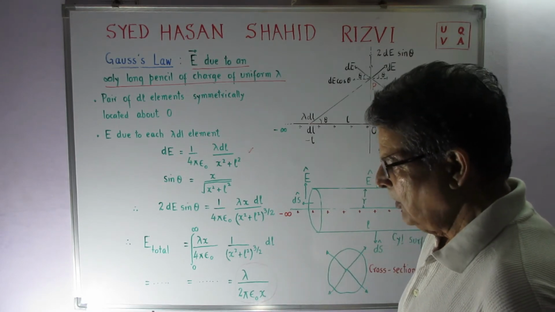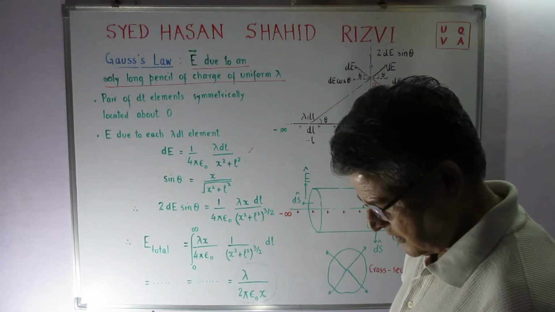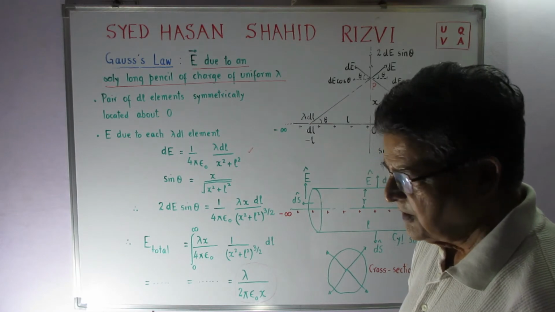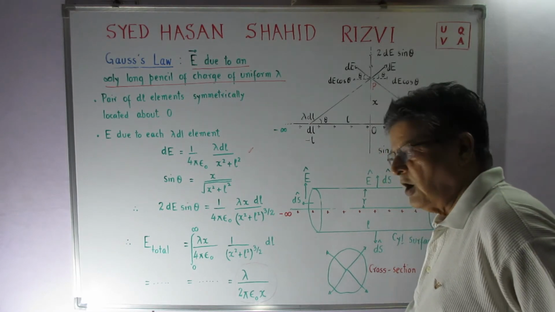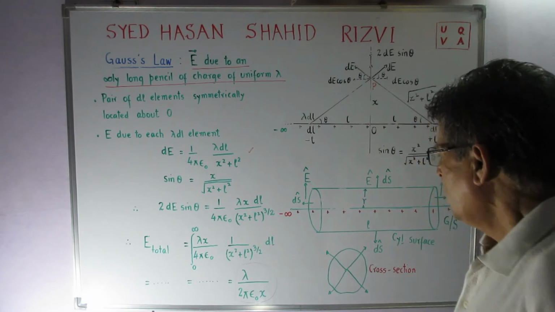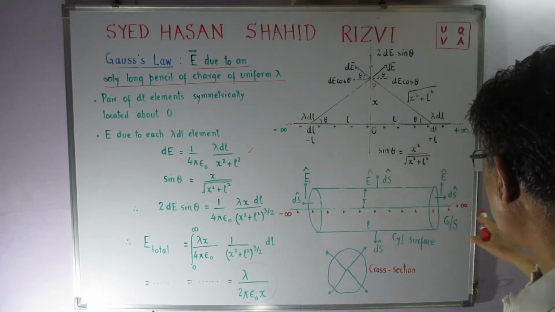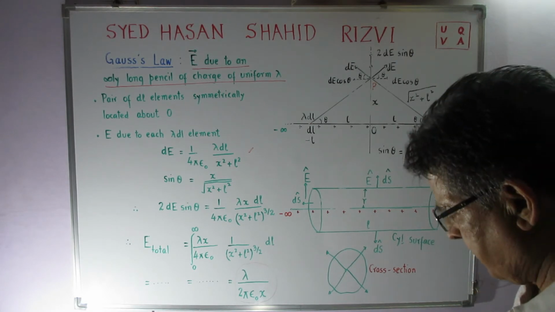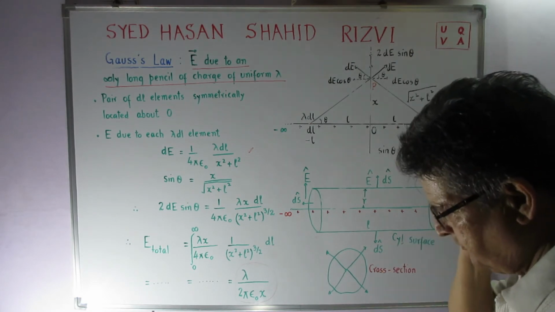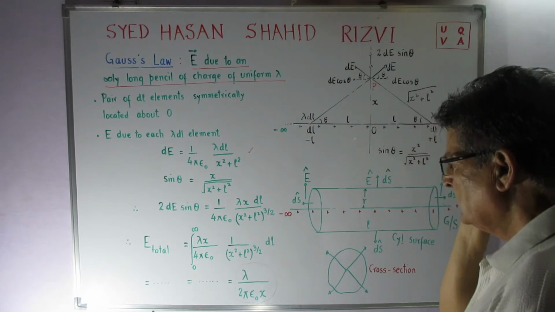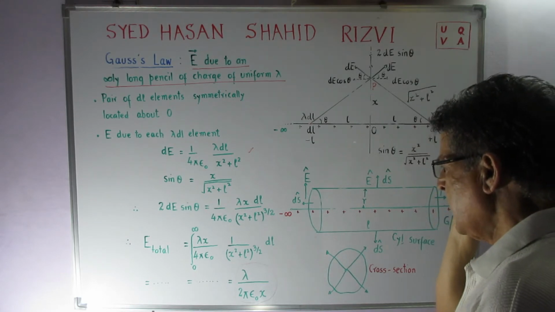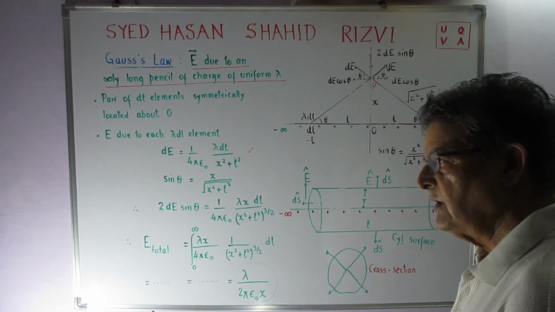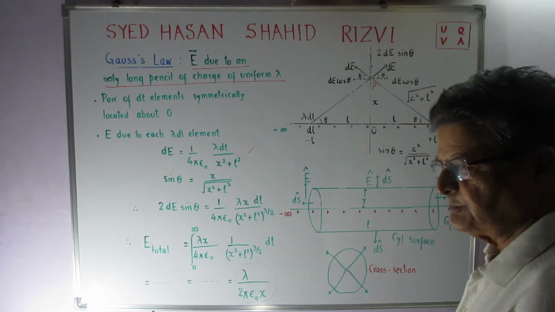Okay. Now the same result I will try to obtain by using Gauss law. So now, from minus infinity to plus infinity, the pencil of charge which is on a thin wire, that we take, and about this we think of a proper Gaussian surface.